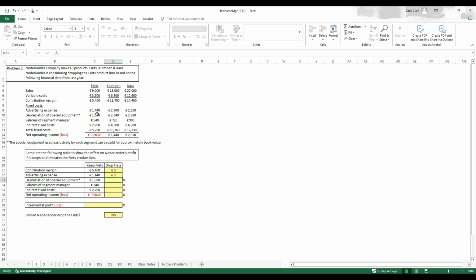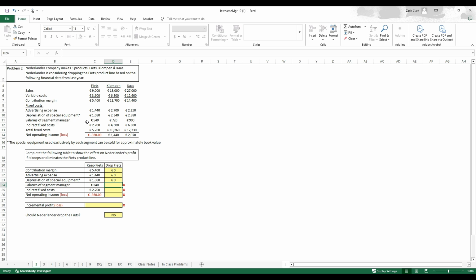The depreciation of that special equipment, with the note here, we're basically saying that this equipment could just be sold. We won't take a loss, or at least not much of a loss or a gain. We're approximately selling it for the book value, so this can go away. We won't continue having to depreciate this equipment for the other products. So far, all zeros, right?